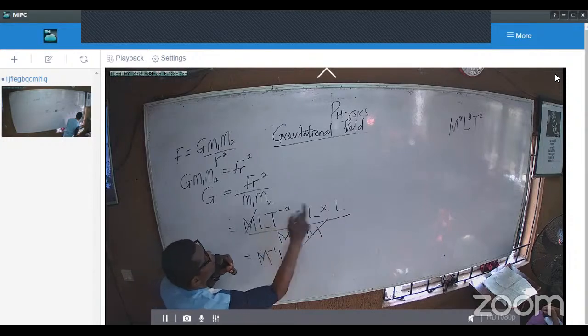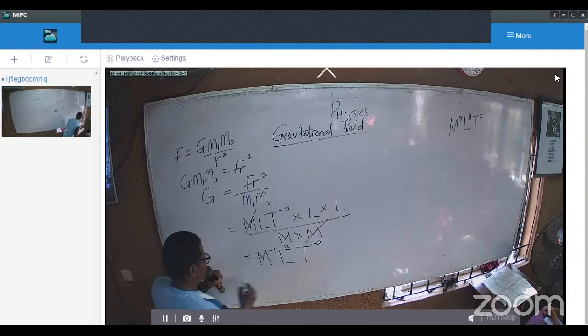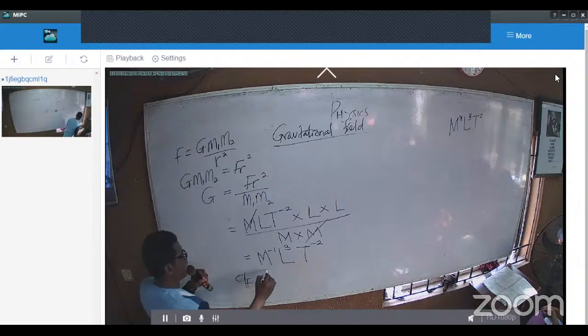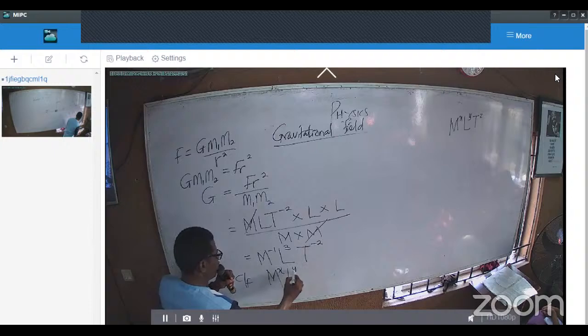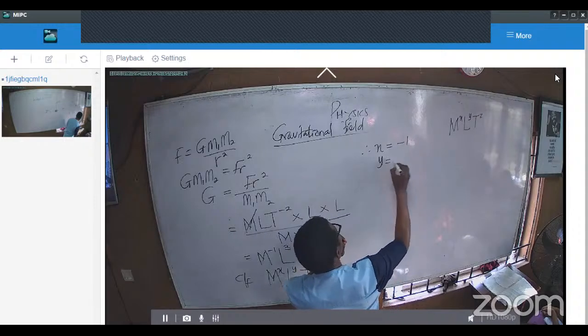What would that be? L cubed. And T raised to power what? Compare with what they gave us. What are we given? M raised to power x, L raised to power y, T raised to power z. Therefore, what's your x? What's your y? And what's your z? That's it.